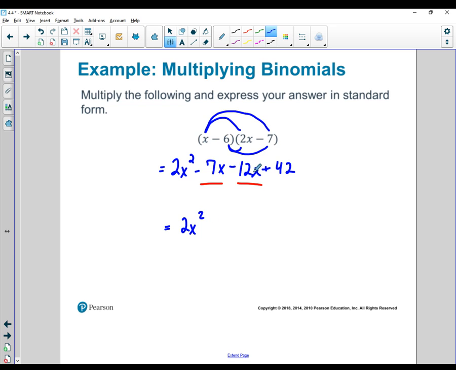Minus 7x minus 12x, negative 7 minus 12 is going to be negative 19x, right? If I have negative 7 of something and I take away 12 more of that something, I should have negative 19 of that something, which is x, and then plus 42. And this will be our end result.